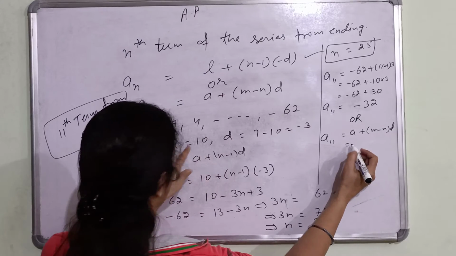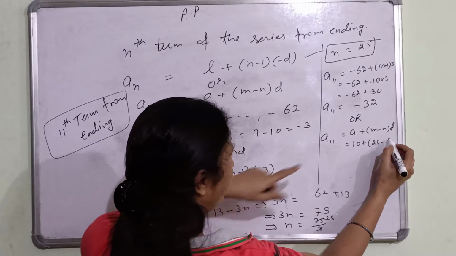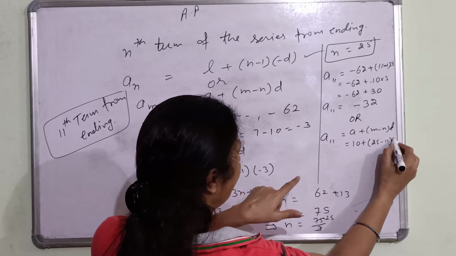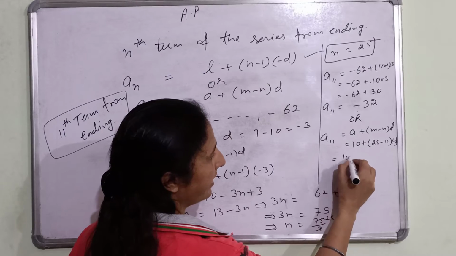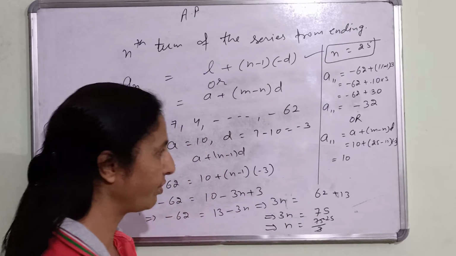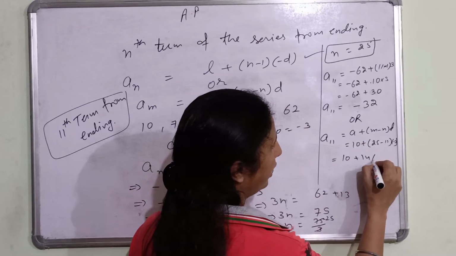What is a? 10. What is m? 25. n is 11. d is minus 3. So 10 plus 25 minus 11, that is 14, plus 14 into minus 3.